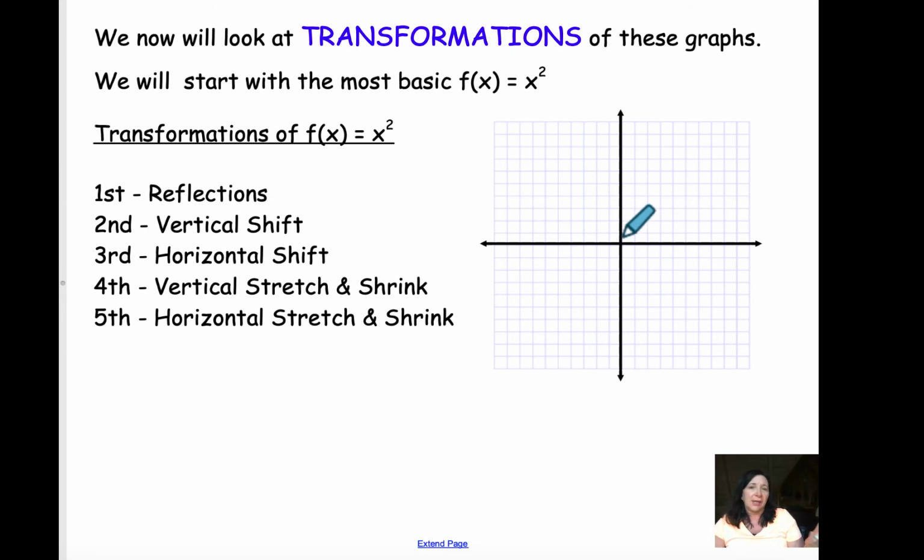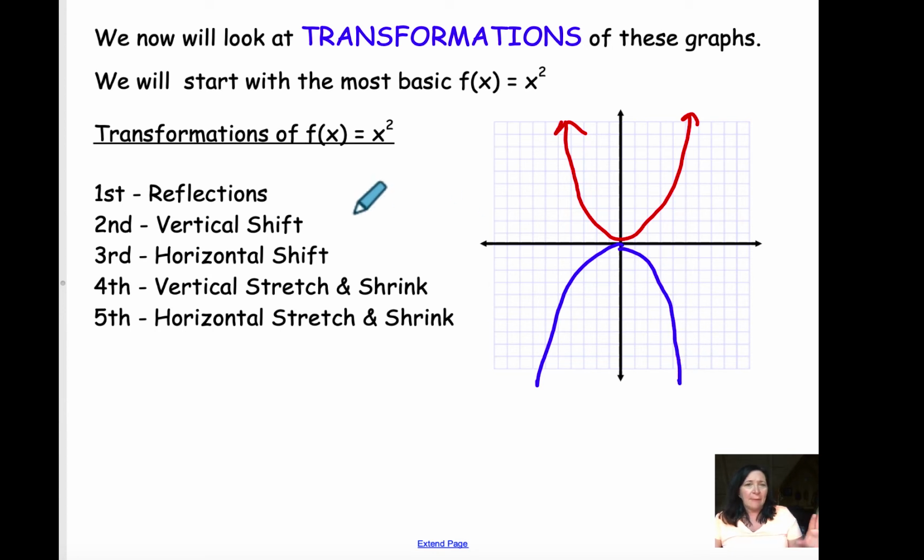Now, reflection is this. If I have a parabola that looks like this, let's say, okay? If I have a parabola that looks like this, and I want to do a reflection across, let's say, the x-axis, this is my reflection down here.